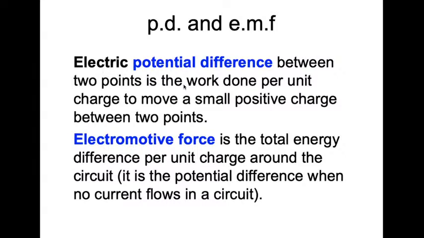So the electric potential difference between any 2 points, we were looking at points before and after a lamp or a resistor, right? So we have 2 points, point 1 and 2. The electrical potential difference between those 2 points is equal to the work done per unit charge to move a small positive test charge between those 2 points.